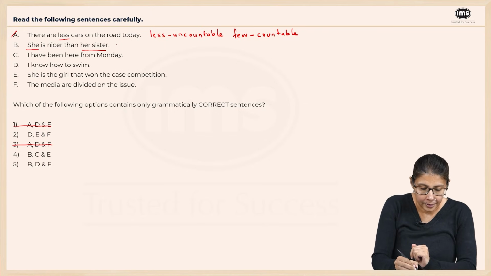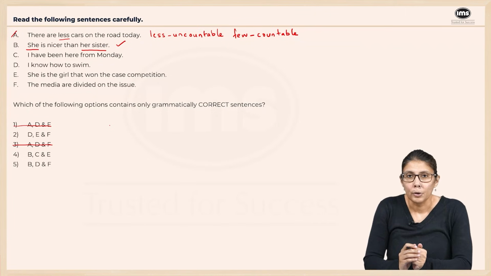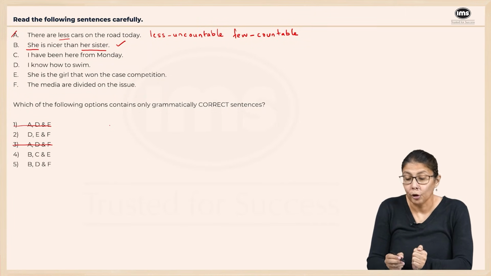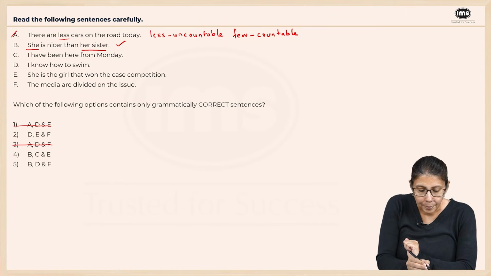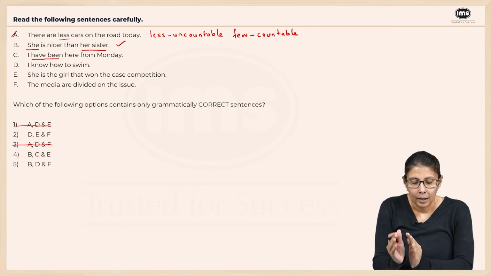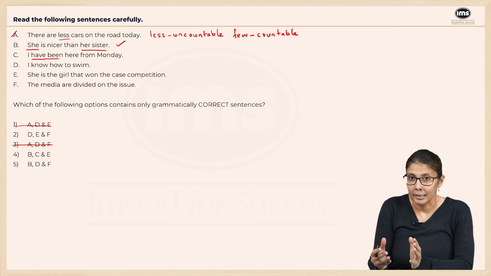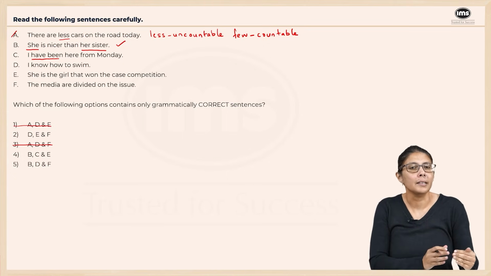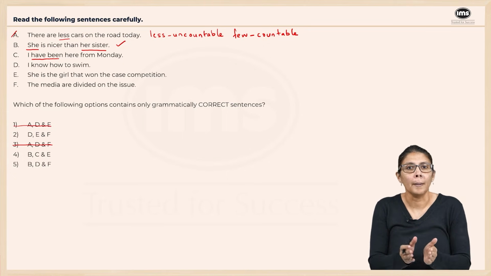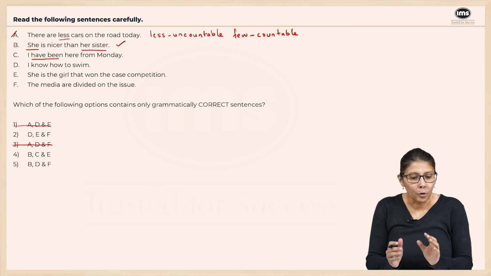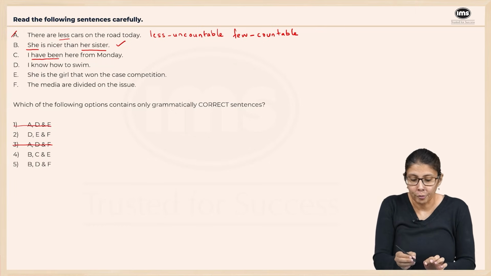This is right. Now let's look at C. I have been here from Monday. The first thing that we might notice is that we are using the present perfect tense, which is have been. Whenever we use the present perfect tense or the present perfect continuous tense to refer to the fact that something started in the past and continues up to the present time, we normally use a since, not a from.